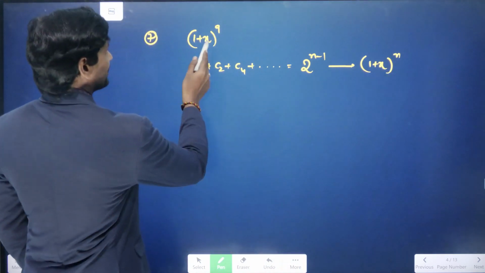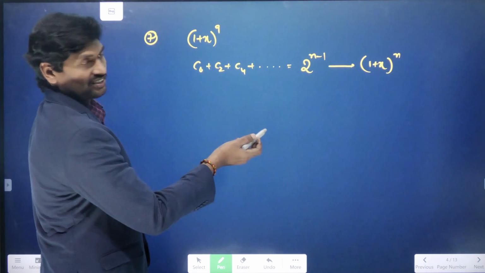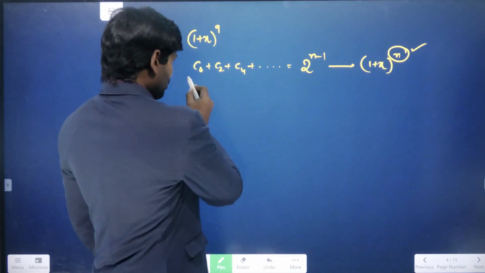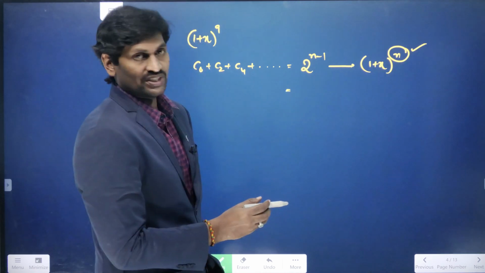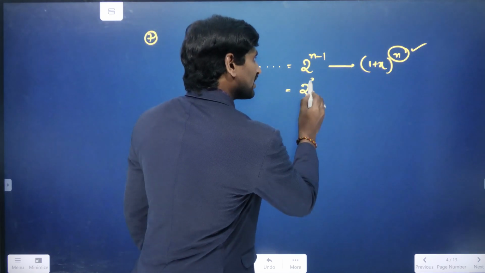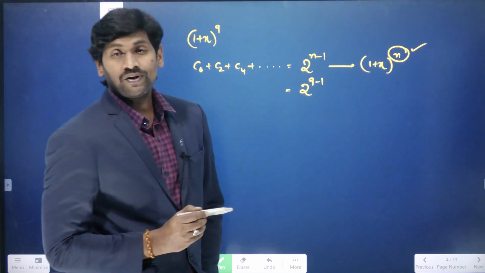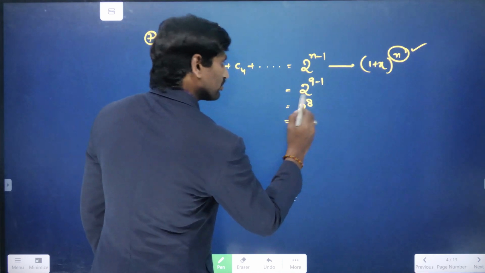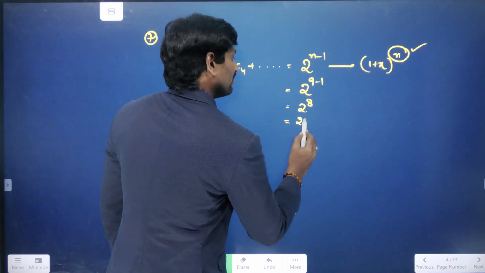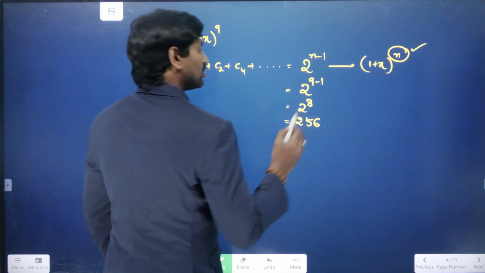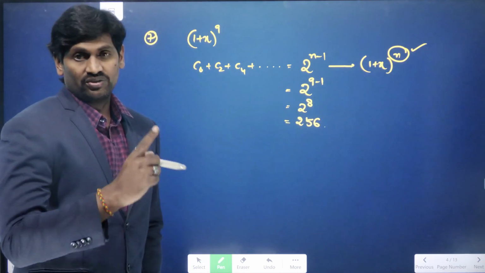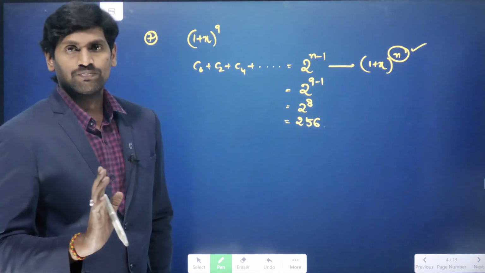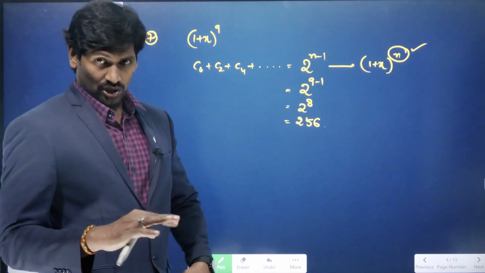But here we have 1 plus x whole to the power of 9, so in place of n we have 9. The sum of coefficients will be 2 power 9 minus 1, which is 2 power 8. 2 power 8 is 2 into 2 into 2, 8 times, so when you multiply them you get 256. 2 power 9 is 512, 2 power 10 is 1024.